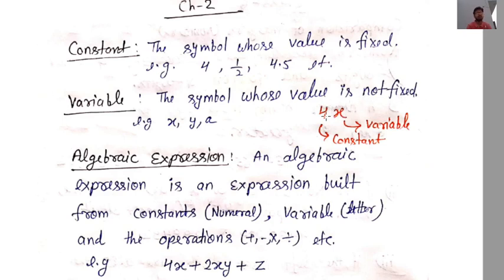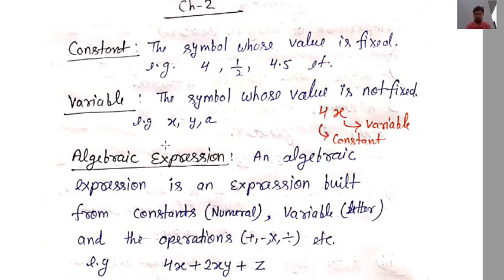If I say x equals 3, then you say 4 into 3 equals 12. It means this algebraic expression's value changes when we change the value of x. This 4 is always fixed. You can't change it. Okay. This is arbitrary.